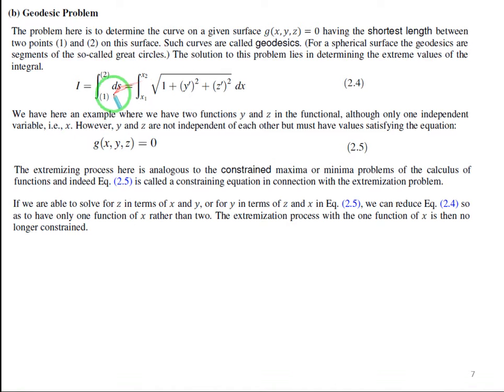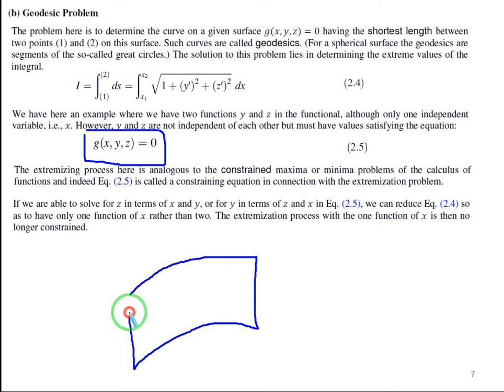We know that the path must be on a surface g of x, y, and z, and this is the problem. We want to find a path on a surface. This is our surface. The formulation of the surface is presented by equation 225.